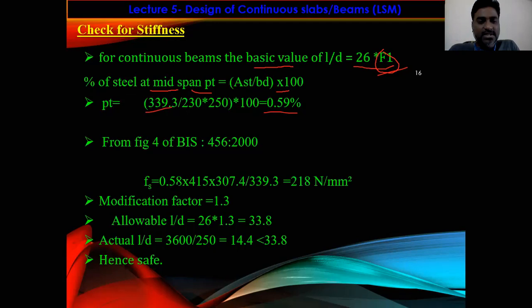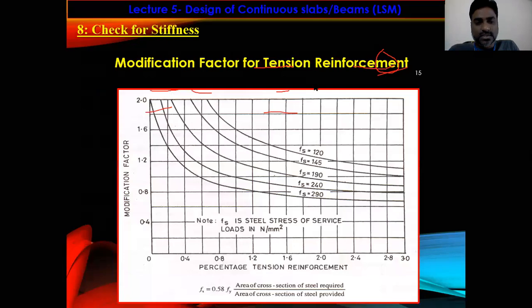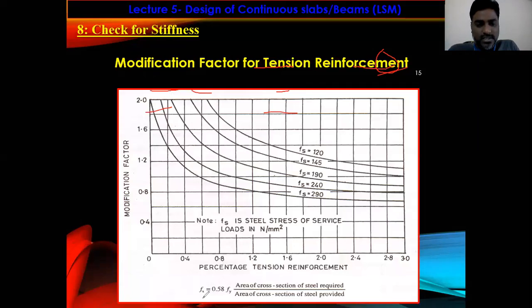And fs is nothing but 0.58 into fy into area of cross section of steel required by area of cross section of steel provided. Required means the area of steel we determined corresponding to the bending moment, and provided is what we actually provide.